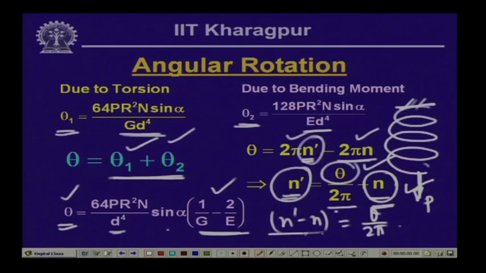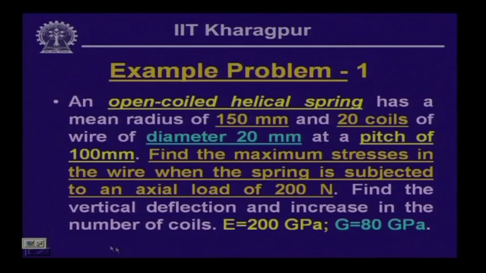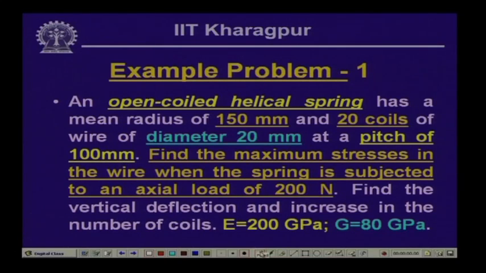This will give us the number of wounds increased because of the axial load P applied on the spring. Well, so these are the stresses, the deflection and the rotation that an open coil spring is subjected to.